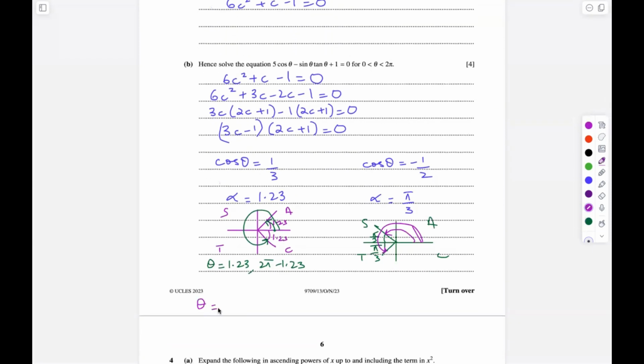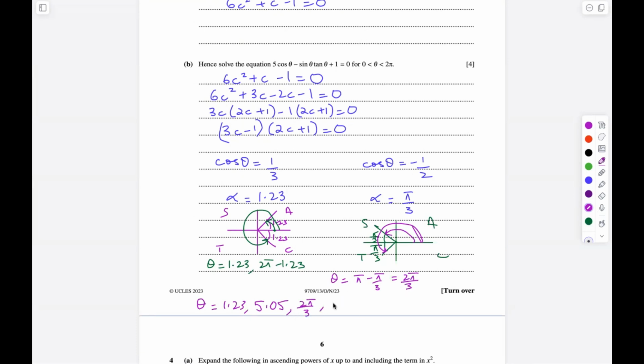So the values of theta will be 1.23. So 2 pi minus 1.23, that will be equal to 2 into pi minus 1.23, which is equal to 5.053. So we can just leave it as 5.05, to three significant figures. In this case, one of the values is pi minus pi upon 3, that is equal to 2 pi upon 3.